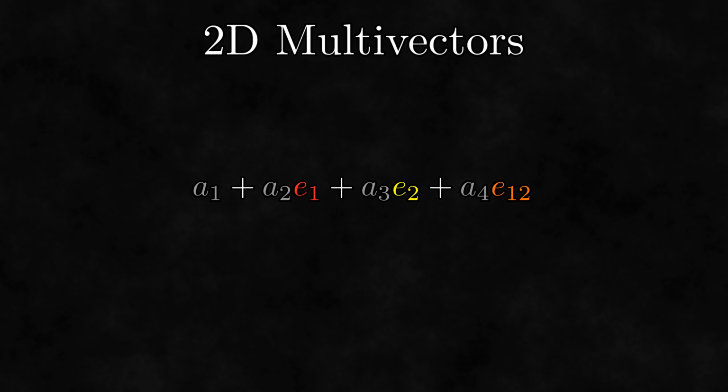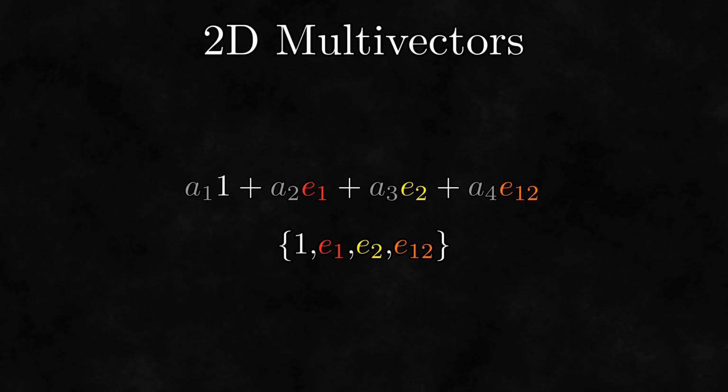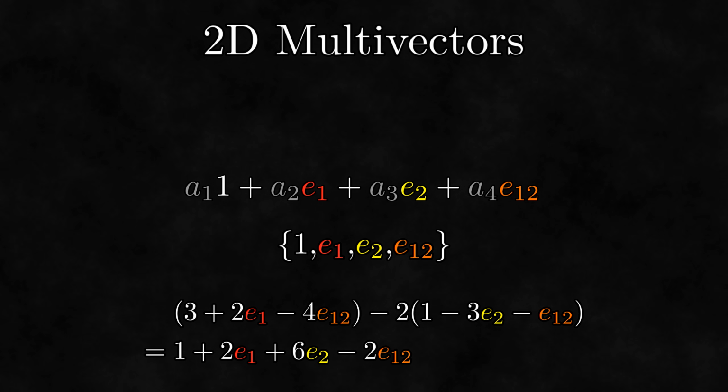Looking at it, we see that 2D multivectors have 4 components, so they are algebraically 4-dimensional. Multiplying the scalar component by 1, we see that the standard basis for 2D multivectors is given by 1, E1, E2, and E12. Using this basis, we can do calculations with multivectors in the same way that we do calculations in other linear spaces by adding and scaling the components. And that's pretty much it!